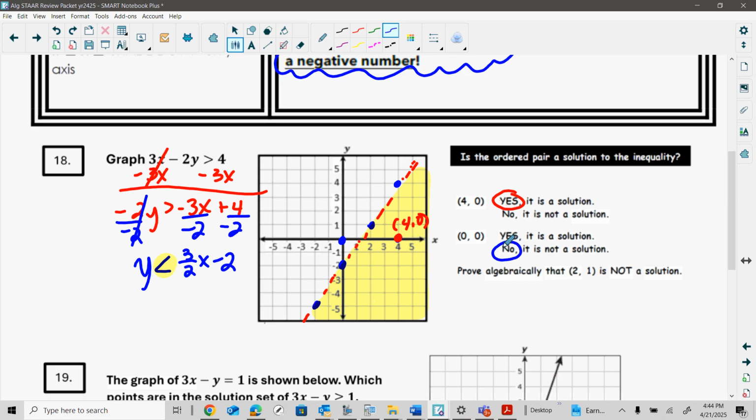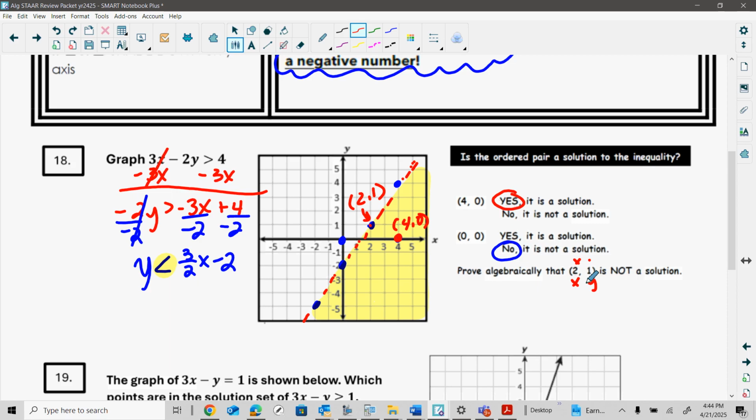Now, they want us to prove algebraically that (2, 1) is not a solution. If I graph (2, 1), which is right here, it is on the dotted line. That's not proving algebraically, that's proving graphically. Algebraically means I'm going to put these values, 2 for x and 1 for y, into the inequality and check.